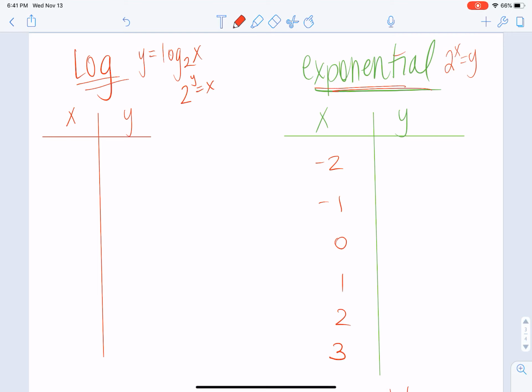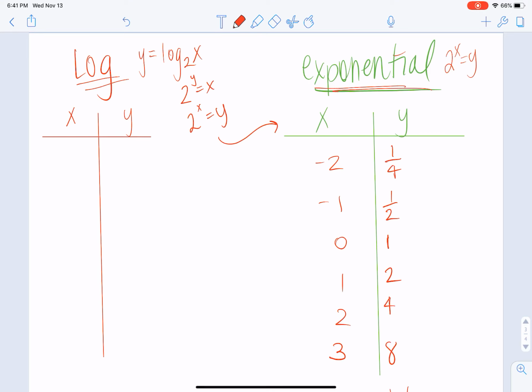And thinking about inputs and outputs, this is really like 2 to the x is equal to y. So I can plug these values into my exponential function. 2 to the negative second power will give me 1/4. This will give me 1/2. Anything to the 0 power is just 1. This gives me 2, 4, and 2 cubed is 8.